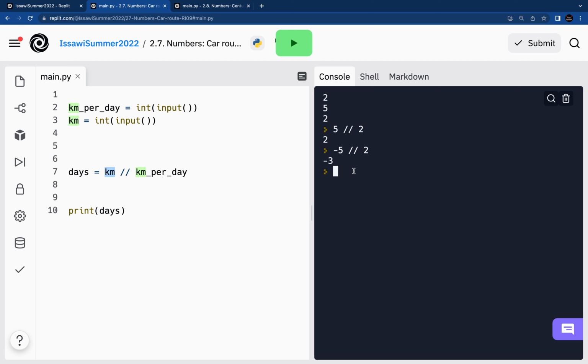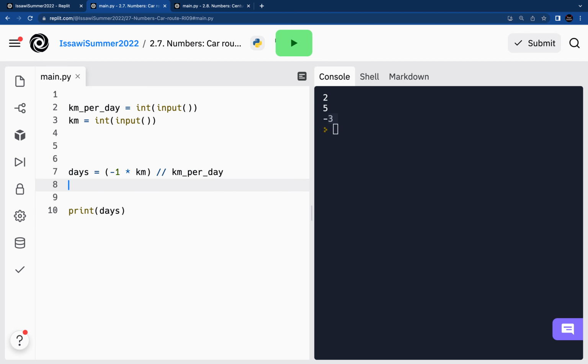It actually rounded down as well, but the absolute value got bigger. So if I said -1 times kilometers before I divide by kilometers per day, and I say 2 and 5, I actually do want to take 3 days, but not -3 days.